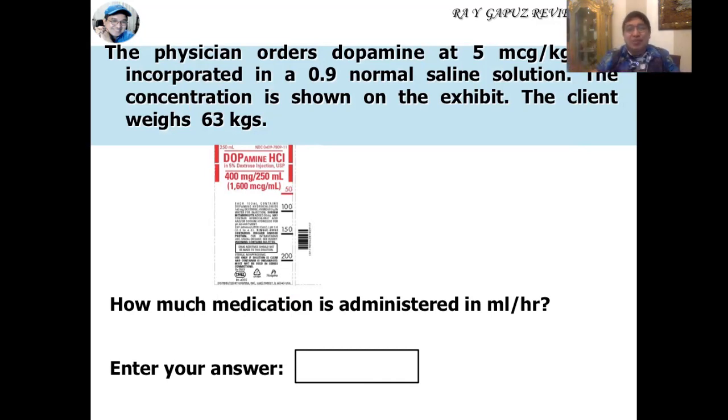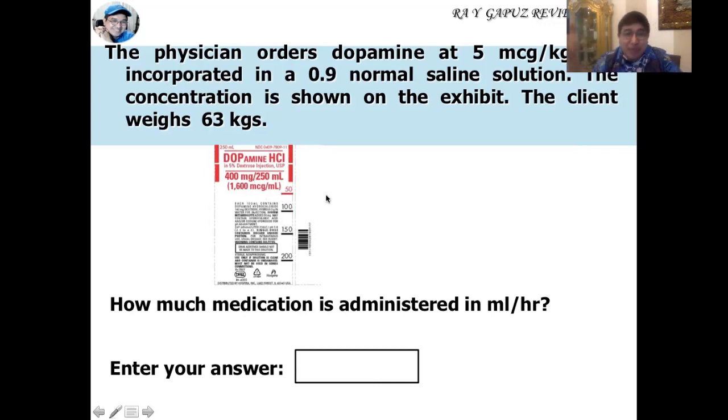Now, what is difficult with this question is, number one, it's about computation. Number two, we have to know which among the numbers given in the stem and presented in the exhibit would be significant for us to compute the correct answer. And number three, you have to know how to read the exhibit, because you have a lot of numbers presented.